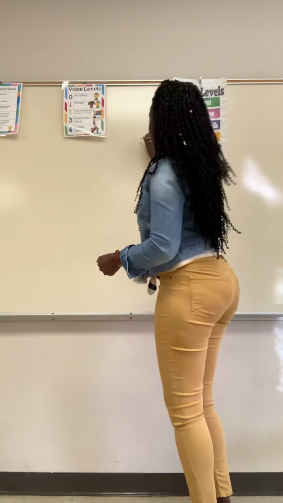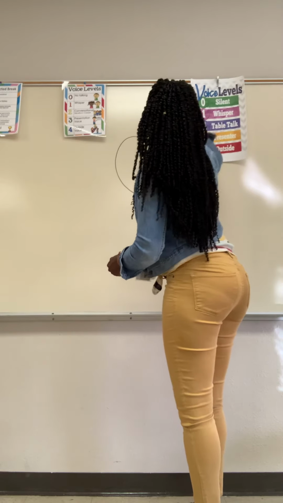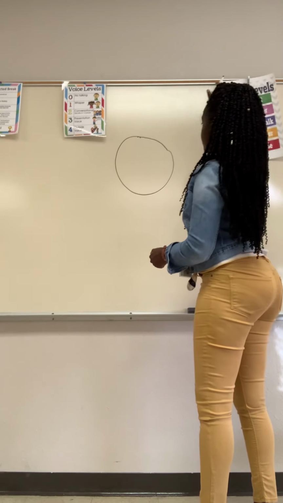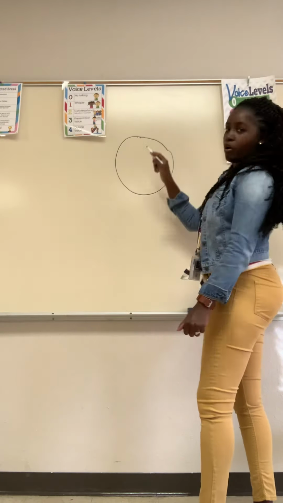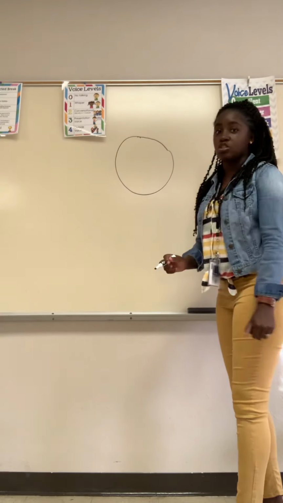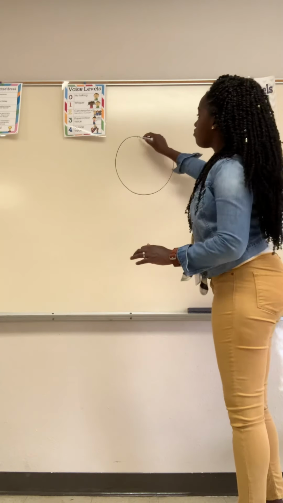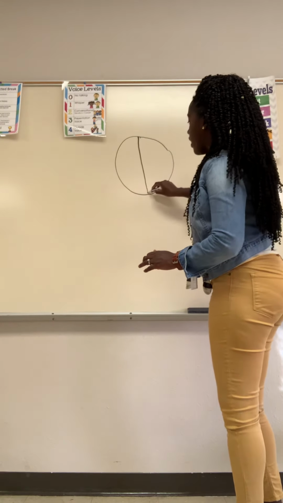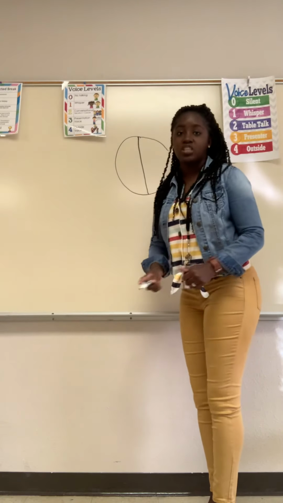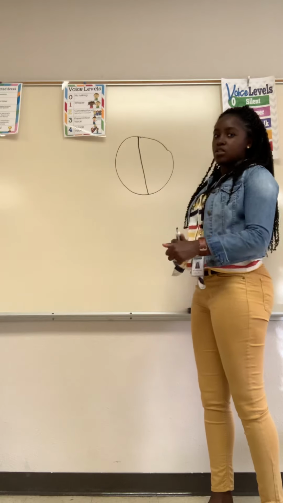I'm gonna make sure you guys can see. It's not a perfect circle, but it's a circle. So if we're gonna partition a circle, we can break it into parts. And what I mean by break it into parts, if we just draw a line right down the middle, we partitioned that circle. We broke it up into two parts.